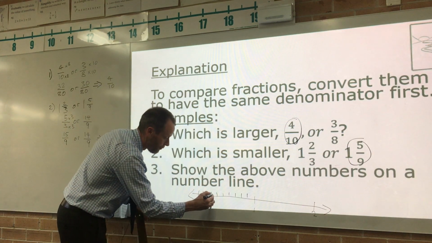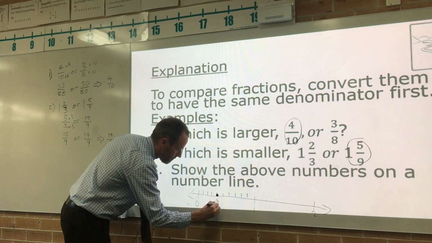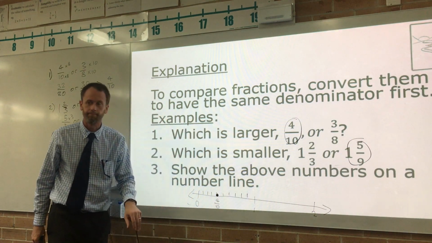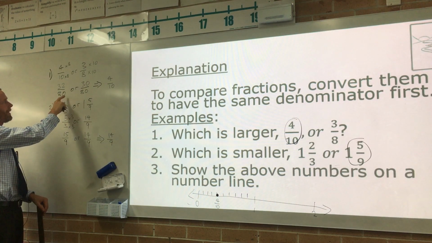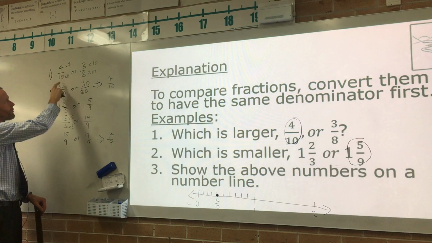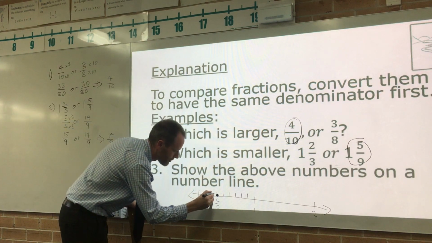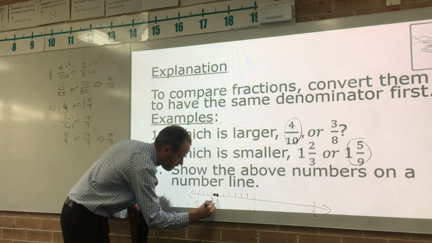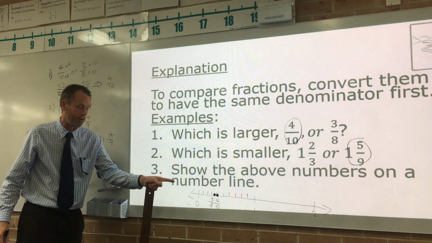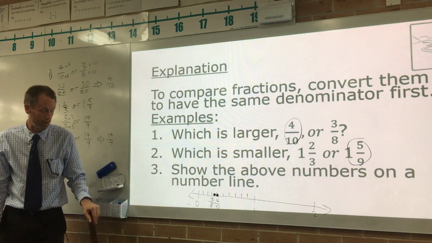But if I was going to do 4/10, that's there. All right? What I've actually learnt, 4/10, which is this one, is slightly more than 3/8. So in fact, 3/8 is just before that. This is not quite to scale, but I want you to be able to see that 4/10 is actually bigger. We can see that now graphically.